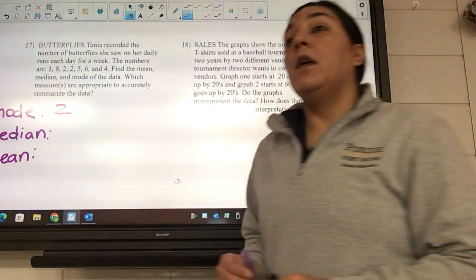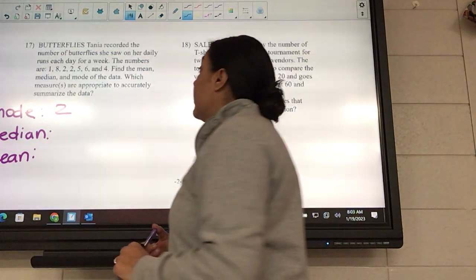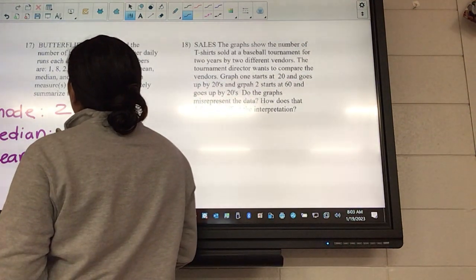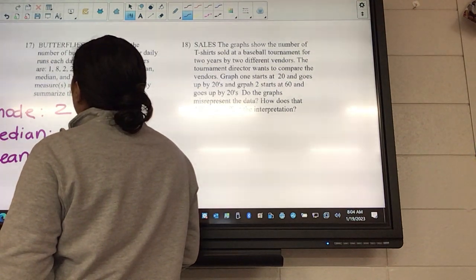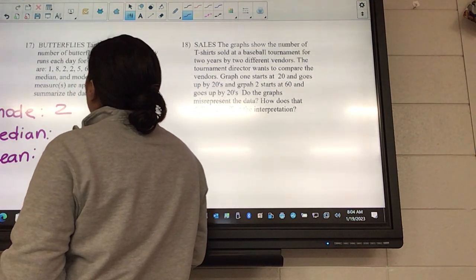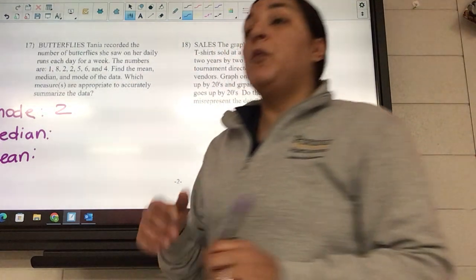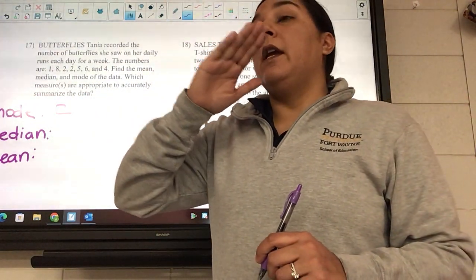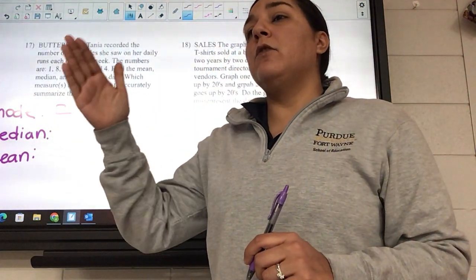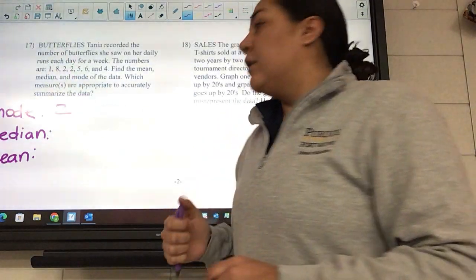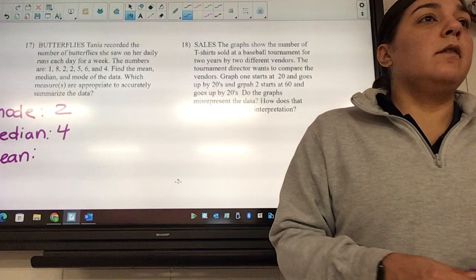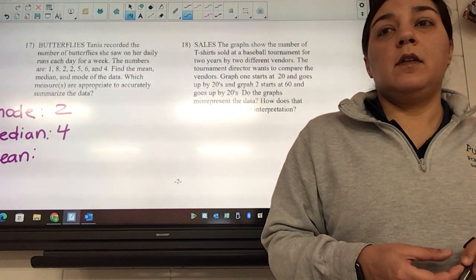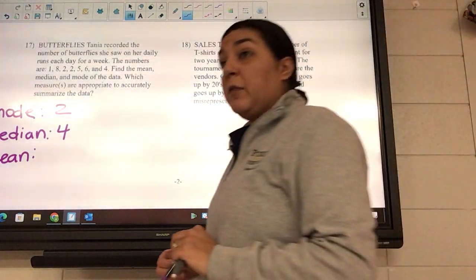Median's 8? There's no way. Okay, so for the median, we put them in order, so it's got to go like 1, 2, then 4, then whatever. Yeah, it's 4 there. Okay, and then the mean. 4? Somebody agree?